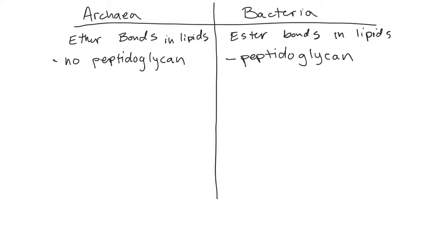Okay, and the amount of peptidoglycan determines whether it's gram positive or gram negative. Okay, and then there were a couple other things which also help us with our universal phylogeny. All right, so you remember this?